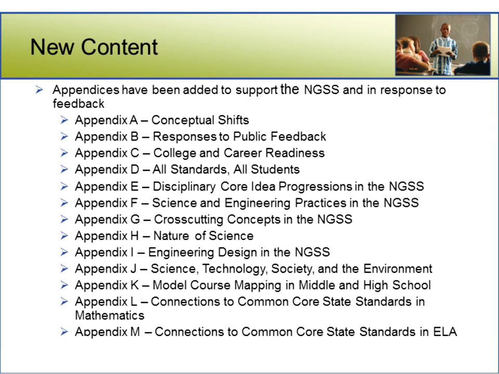We had a whole team dedicated solely to focusing on equity and access. They did bias reviews of the standards to ensure that the language was not biased. They really held us responsible for consistency of language in the later drafts. The new part is that there are 7 vignettes, or 7 case studies, that take 7 different subgroups of students and lay out a vignette for how you could engage students in learning, especially those who have various needs.